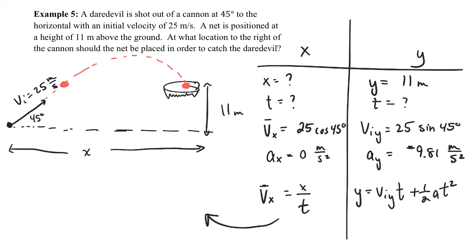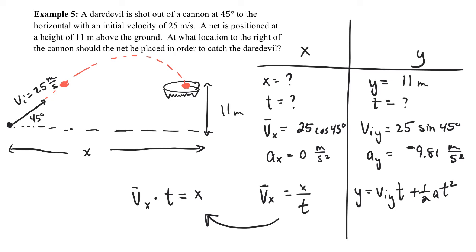So let's take this formula and solve it for x. Okay, that's the formula that we're going to really be concerned with. So take a look. We have v bar x. That's 25 cos 45 right here. Right? And that goes in for v bar x. So what do we really just need? We need time. We need the time it takes to reach 11 meters as a height. And then we can get the x displacement.